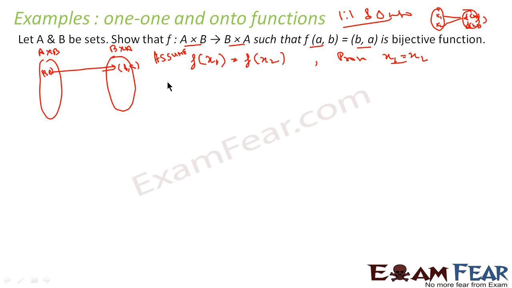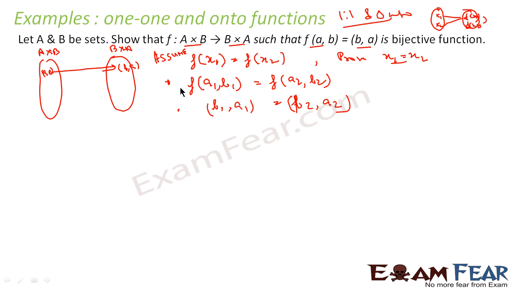Now, assume f of x1 is equal to f of x2. Then I can say that f of (a1, b1) is equal to f of (a2, b2). This is my assumption. F of (a1, b1) is nothing but (b1, a1), correct? And f of (a2, b2) is nothing but (b2, a2).